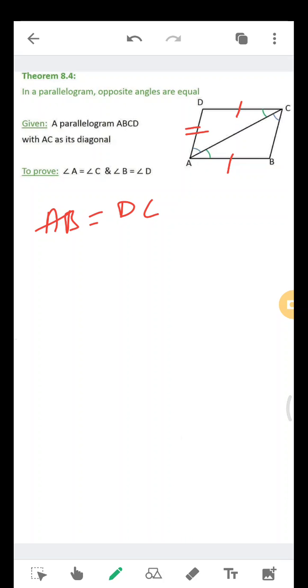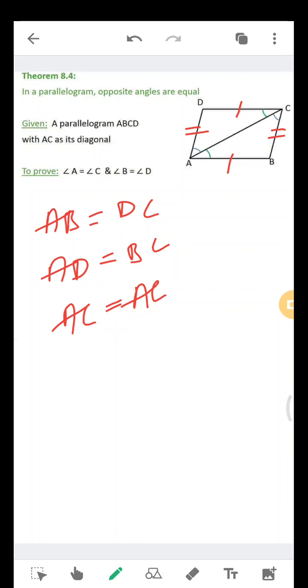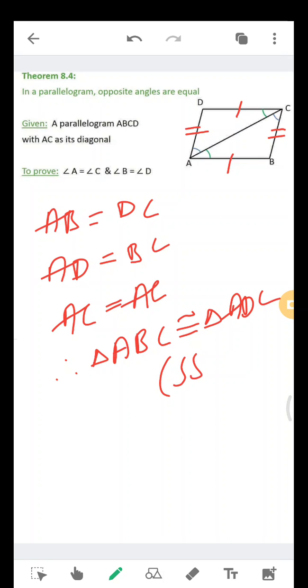Then I can say AD is equal to BC. To prove this, I need to prove these two triangles are congruent, and then I can say it by CPCT. Last, AC is equal to AC. Therefore I can say triangle ABC is congruent to triangle ADC, by the SSS rule.